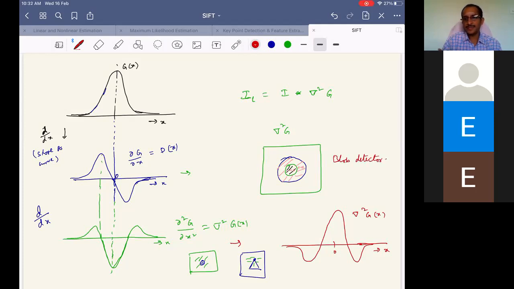For example, if you would like to highlight a white blood cell or red blood cell, you can convolve with this. If there is a sudden blob compared to the neighborhood, that gets highlighted because the filter looks like that, right?